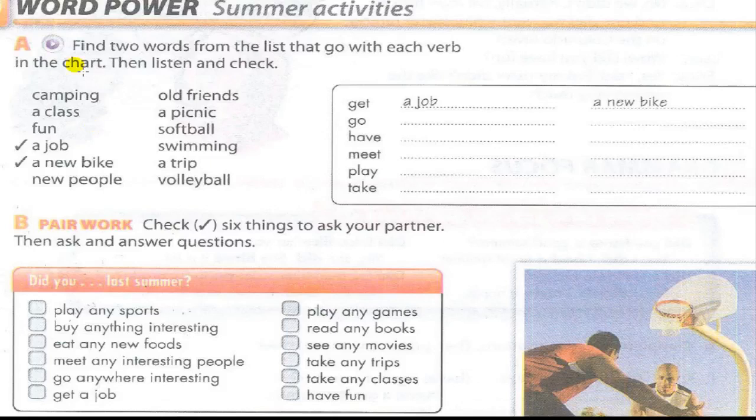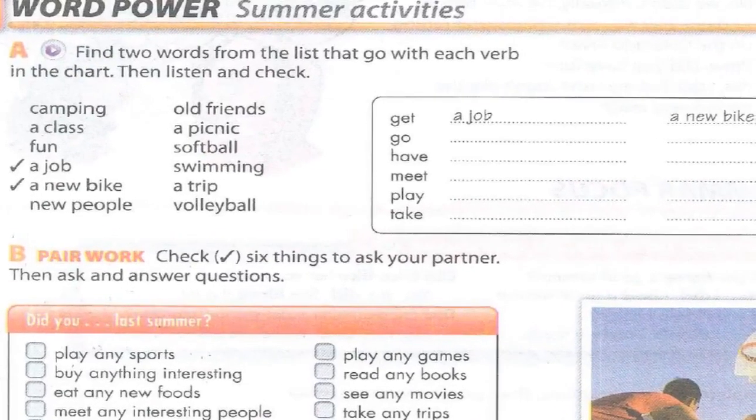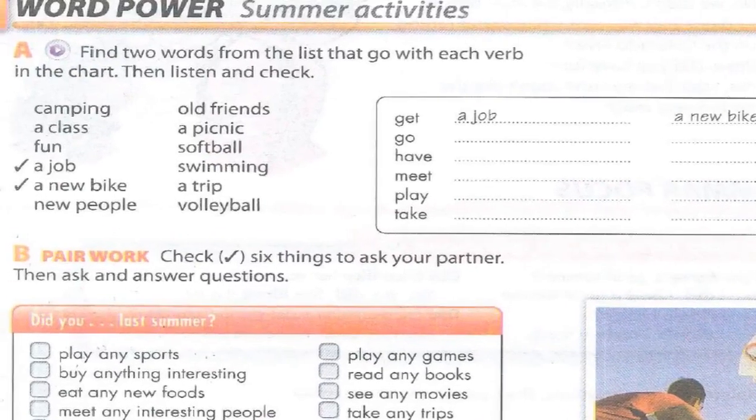Page 96, Exercise 10, Word Power. Summer Activities. Part A. Find 2 words from the list that go with each verb in the chart. Then listen and check. Get a job. Get a new bike.